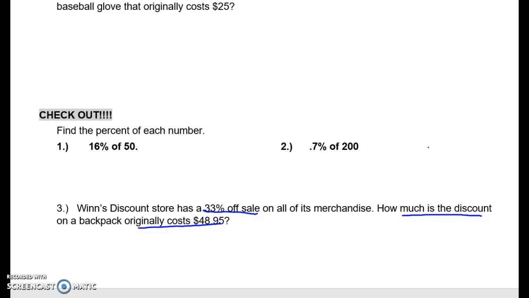I'm going to do the exact same thing. Now, you'll see here it's 33%, so I'm going to do my 2 jumps, and I have 0.33, right? I'm going to have to multiply that by $48.95. So I'm going to have 48.95 times 0.33. And remember that when we multiply, we line up our digits, not our decimals.